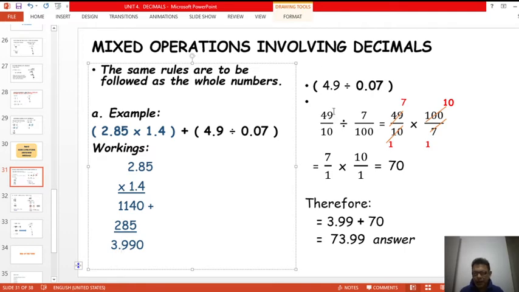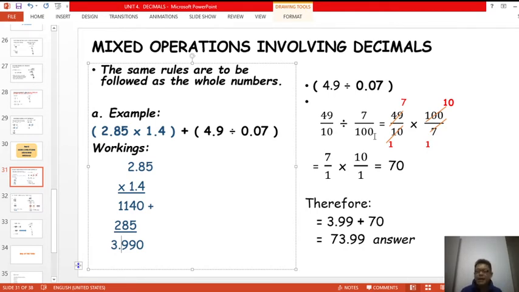We have 4.9, the equivalent fraction for this is 49 over 10. Then divided by the equivalent fraction for 0.07, which is 7 over 100. Why? Because this falls on the hundredths place, and this one falls on the tenths place. For more explanation, you have to go back to our previous videos.